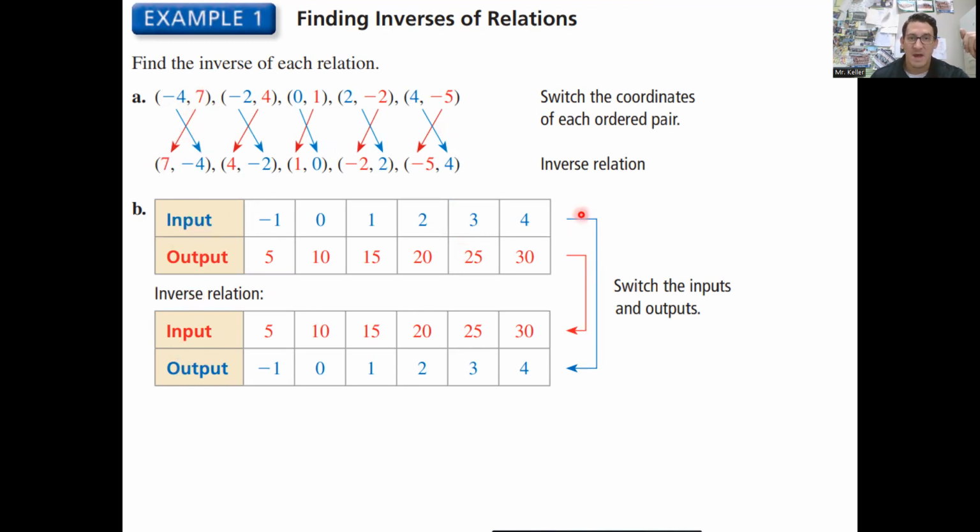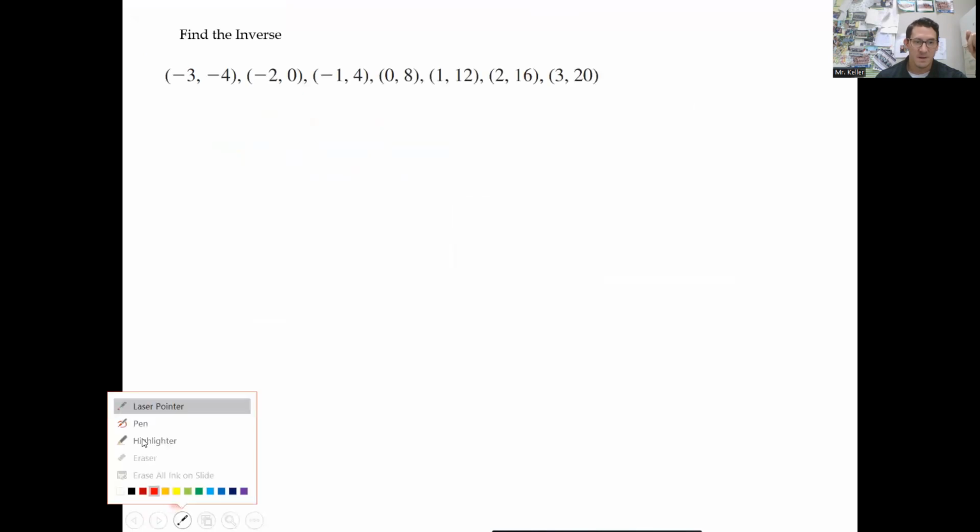Or if you have them in a table like this here, the inputs go down and become the outputs. And then the outputs in the original function go down to become the inputs. That's all you're doing. You are inversing them, you are flipping the x's and y's, or the inputs and outputs.